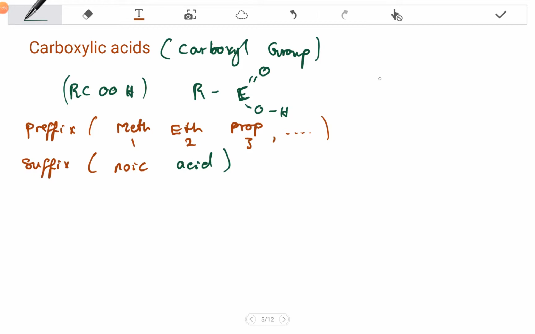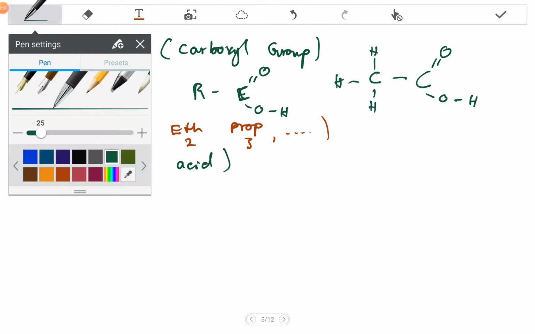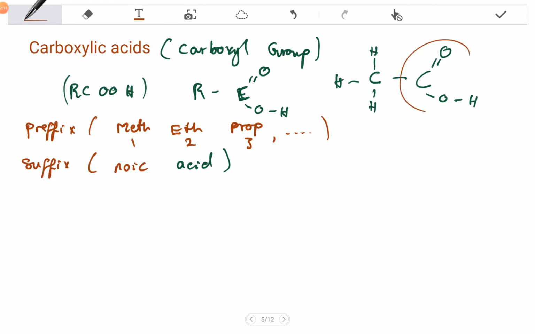Okay, so can you give this one a name? Here we have a double bond, and we add a single bond here with hydrogen. So this is an example of a carboxylic acid, because of this functional group. Can you give the IUPAC name for this compound? Since it has 2 carbons, it's going to be eth.